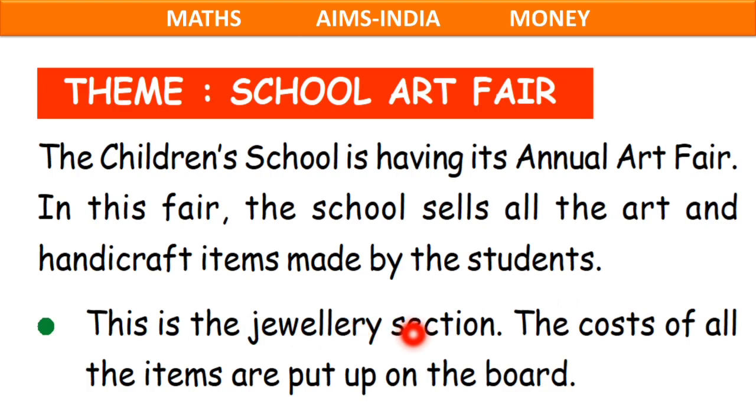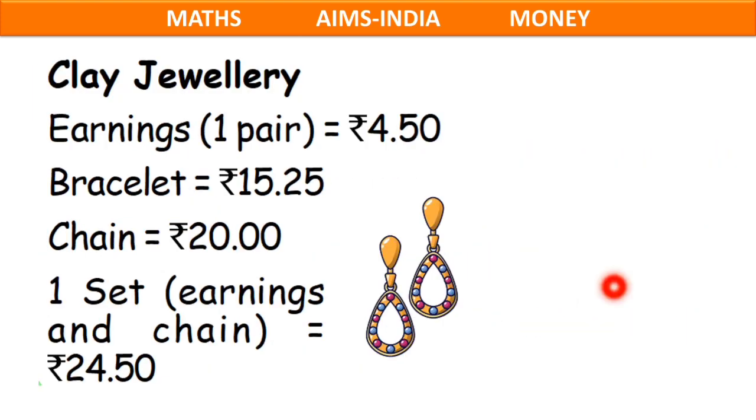The cost of all the items are put up on the board. See, we are having clay jewelries here. Say earrings, one pair costs 4 rupees 50 paisa. Bracelet costs 15 rupees 25 paisa. Chain costs 20 rupees, and one set, that is earrings and chain combined, costs 24 rupees 50 paisa.